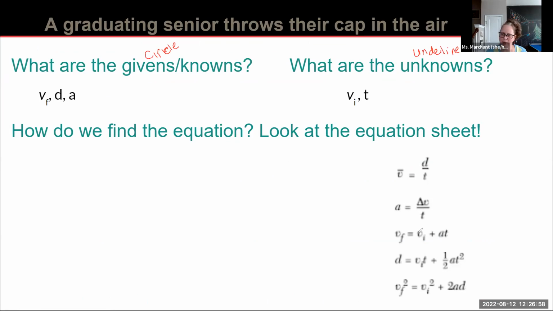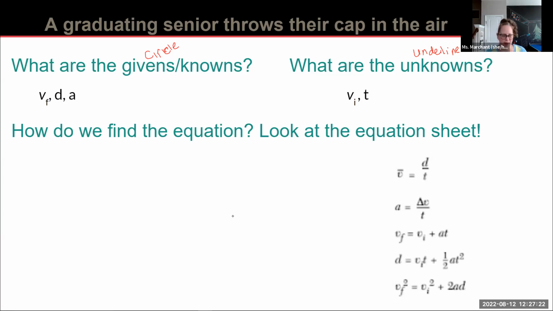You could put your equation sheet into sheet protectors and use Expo marker over the top, or you could rewrite them, which is going to help you memorize for the SOL. Some of you might be able to just look at it and say, oh, I need to use this equation. But if you're having trouble looking at the motion equations going, which one am I going to need? This same system is going to help you.